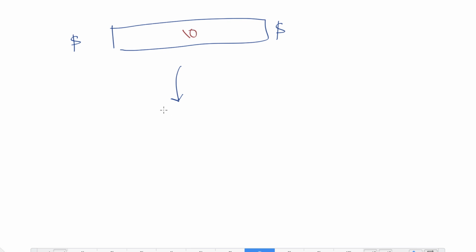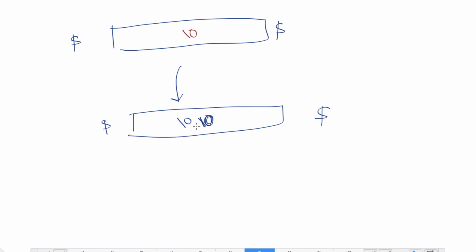We will add another ESC for this \0. This is my original \0 and I will add another \0, so at the receiver side it will ignore the first ESC and take this as a part of data, which is in fact what we wanted. So the rules are very simple. Whenever you have ESC or flag in the data, add another ESC. That's the only rule at the sender side.